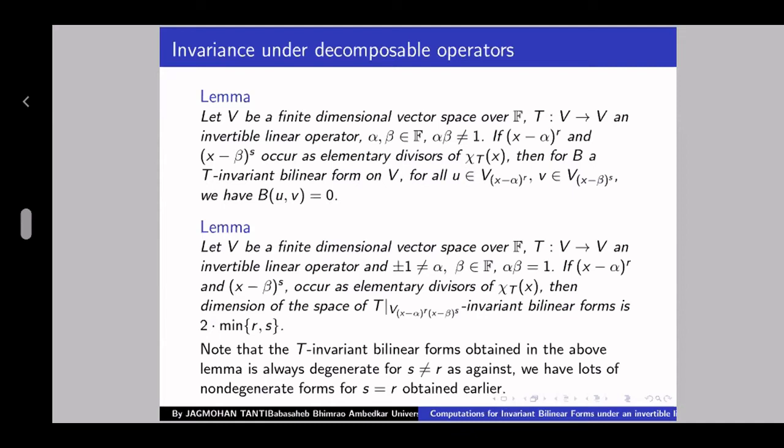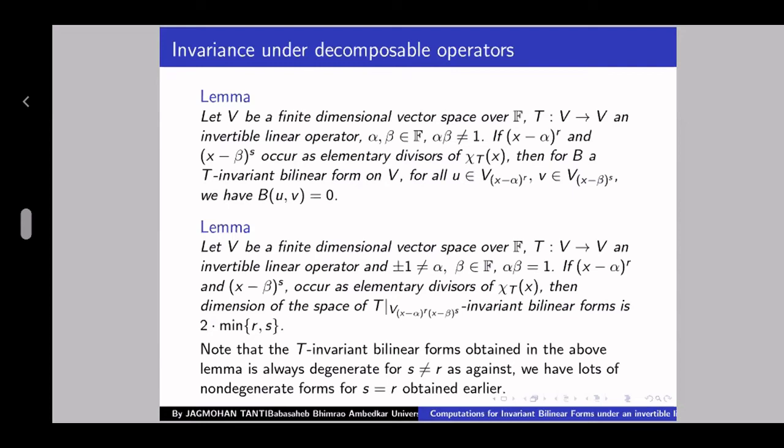If again (x minus alpha) to the power r and (x minus beta) to the power s occur as elementary divisors of the characteristic polynomial, then the dimension of the space of T-invariant forms restricted to this null space is 2 times minimum of r and s.